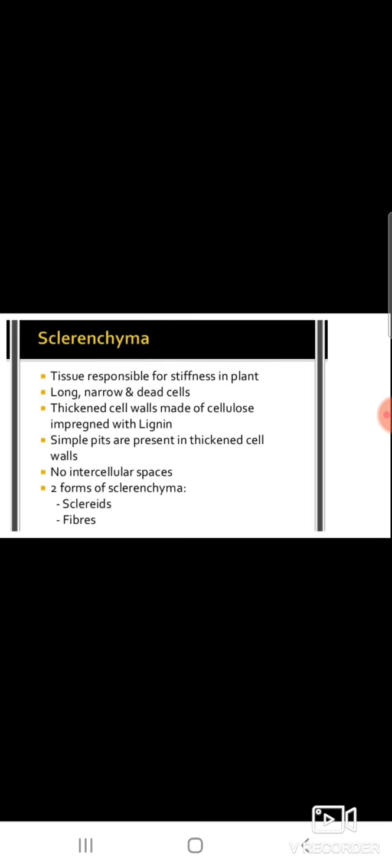Then sclerenchyma. This is responsible for stiffness in plants: long, narrow, dead cells with thickened cell walls made of cellulose impregnated with lignin. Simple pits are present in the thickened cell walls, with no intercellular spaces.